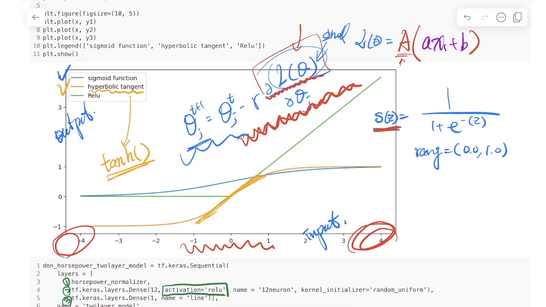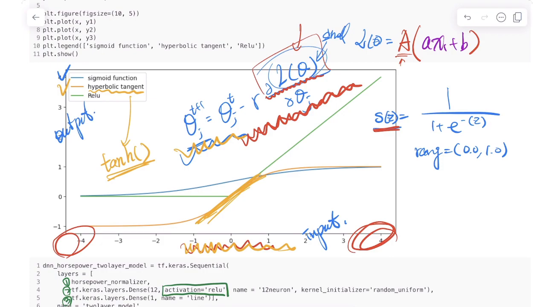When we do normalization, your input value will be somewhere right here and the slope is larger, so your gradient descent will perform better. That is a general concept. So sometimes we will use hyperbolic tangent as our activation function to simulate the nonlinear relationship between x and y.